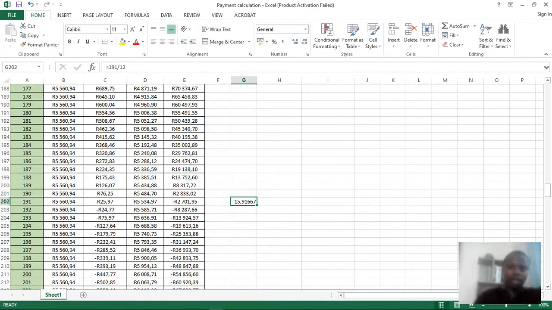You decrease the interest rate, but you're still paying the same amount of money. So that means you've decreased the number of years you're going to pay by 4 years, right?